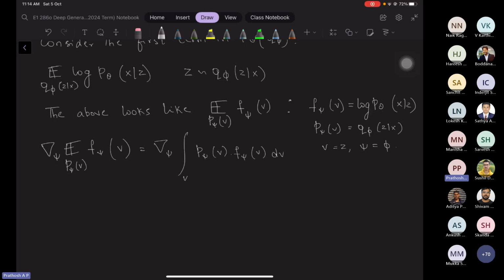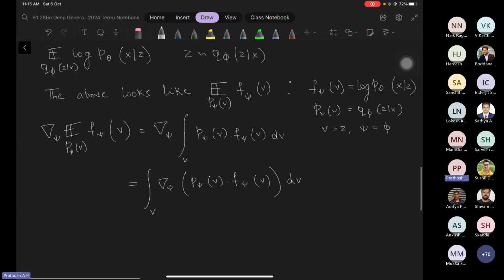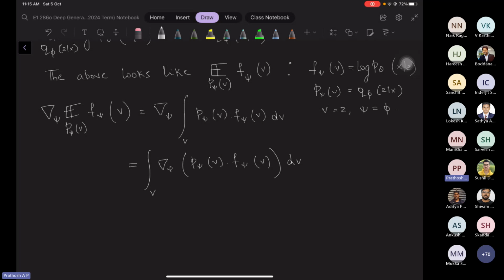This is the definition of expectation. And we can move the gradient inside because expectation is a linear operator. This will be the gradient of p psi of V times f psi of V, dV. Now, what do we do next? Can somebody tell me?